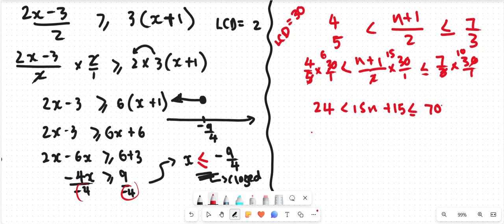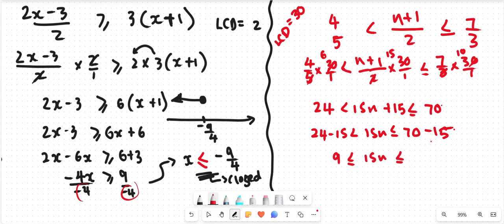Then if you take your 15 over, remember it has to go on both sides, so it needs to also come to the right hand side. And if you subtract those, that gives me a 9. And if you subtract those, that gives me a 55.